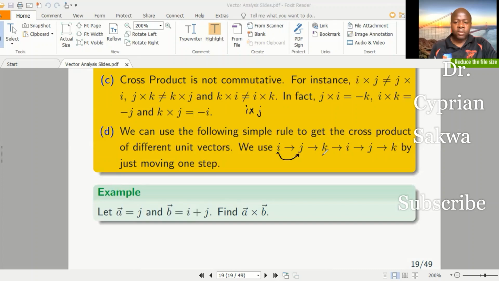The solution becomes the next unit vector there, which is K.